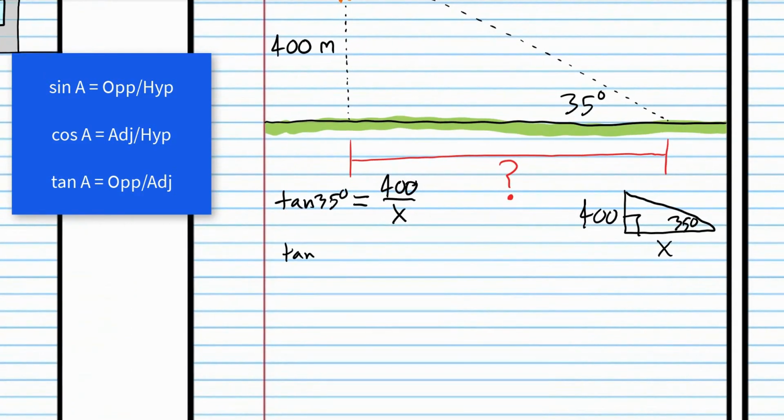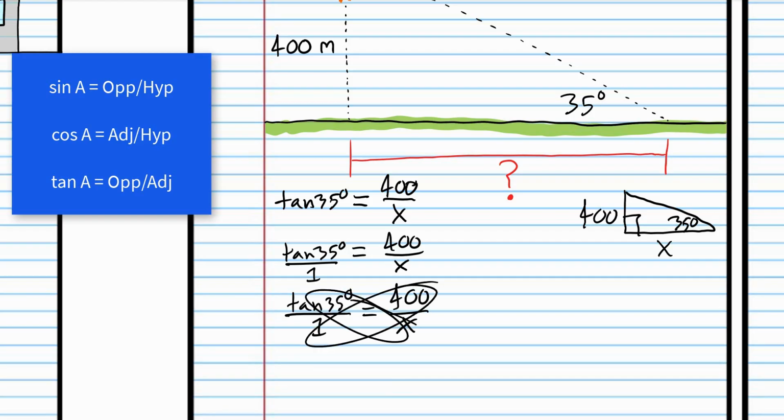And as usual, we're going to solve by writing over 1. Then we're going to cross multiply. And you don't have to write this cross multiplication stuff. I'm just doing it so you can see what's going on here.